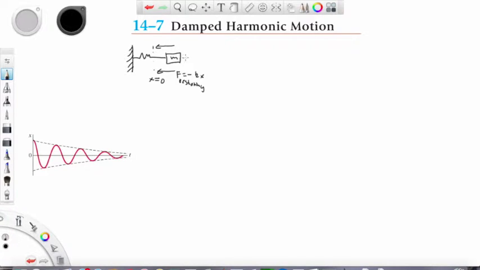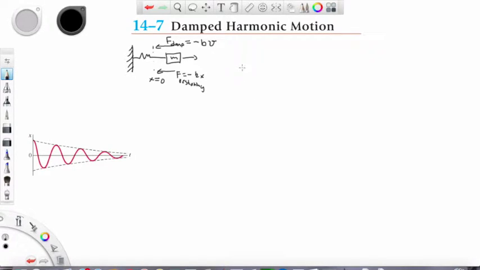So when the spring is moving this way, there will be a damping force, F damping, which is opposite to the motion of the mass, and it's proportional by b to the velocity of the mass.